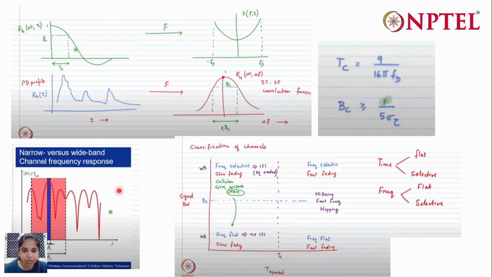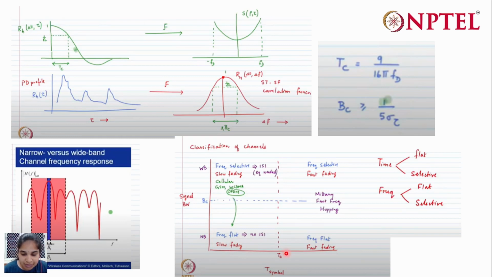And from this came different classification of channels based on the symbol time period and the signal bandwidth. Now, if the signal bandwidth is lesser than the coherence bandwidth, that is, if it is a narrowband signal like this blue one, then it's a frequency flat channel.